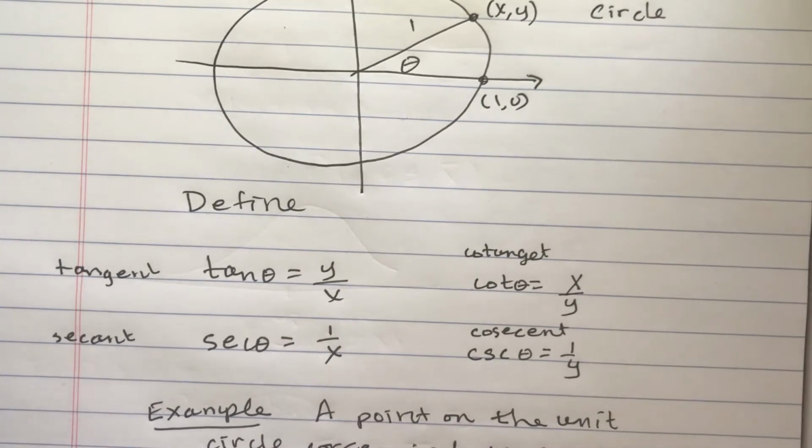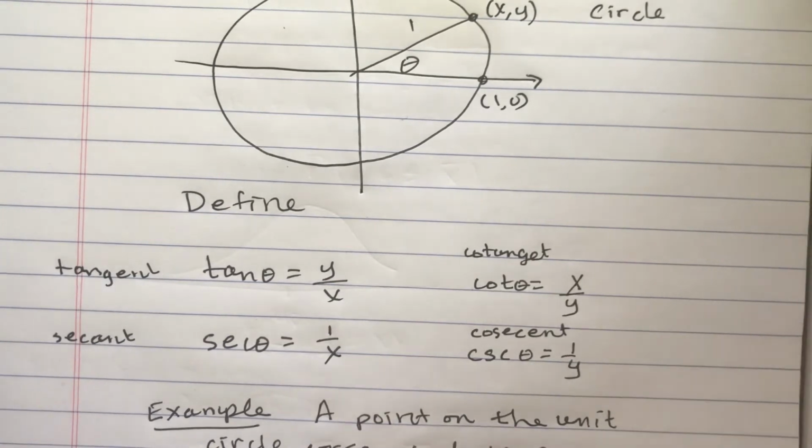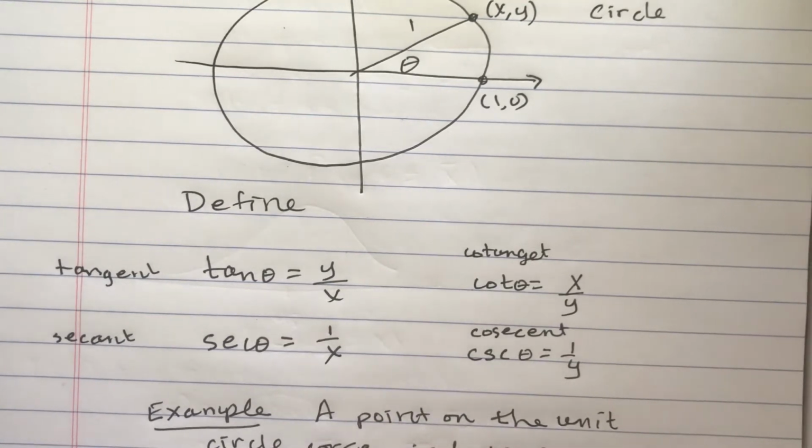So let me just draw that. Find tan theta, secant theta, cotangent theta, and cosecant theta.